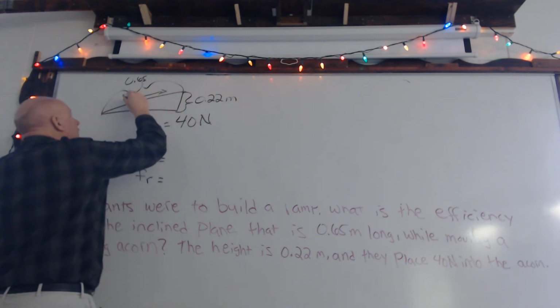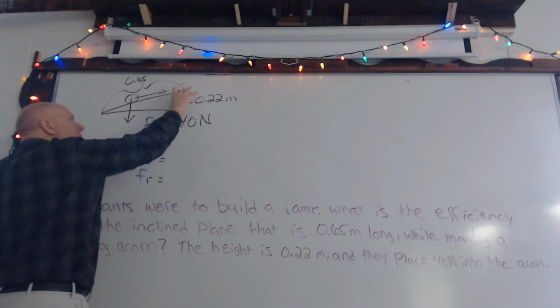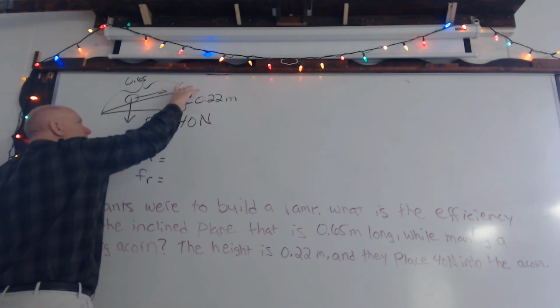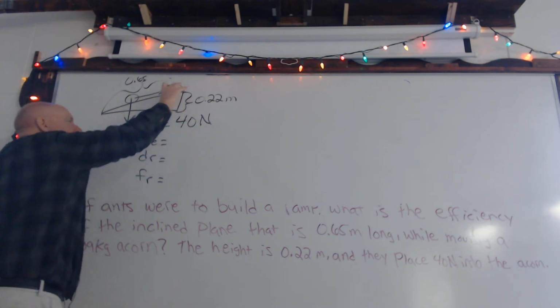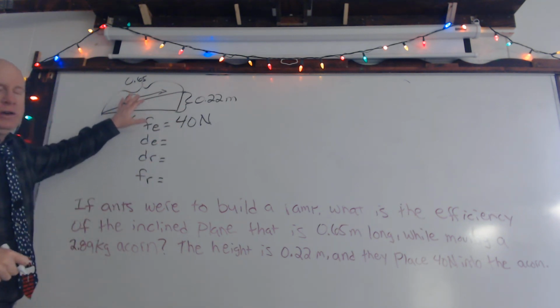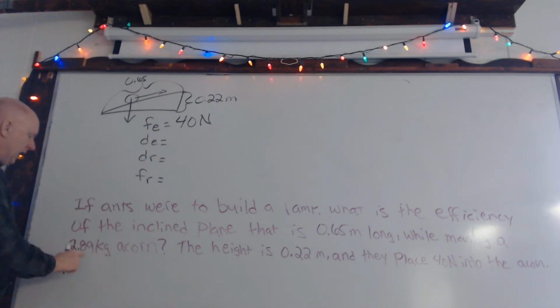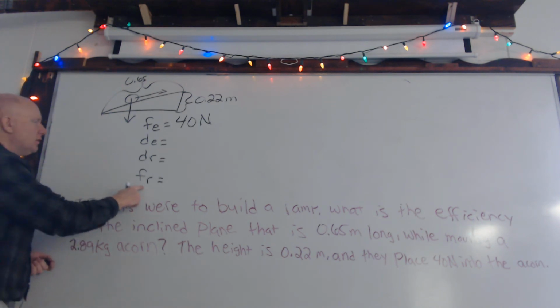And then what's pulling down on that acorn? Just like what we're talking about here, there's a type of unseen variable, if I want to call it that, that has an effect on this acorn. And of course, that would be gravity, because we've got a mass here. And with that mass, we can then calculate a force, or that resistance force.